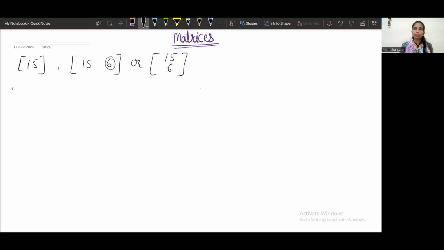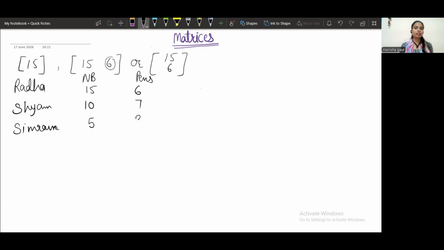If we talk about more than one or two persons, suppose we have three friends, Radha, Sham, and Simran. The three friends have notebooks and pens. Radha has 15 notebooks, 6 pens. Sham has 10 notebooks and 7 pens. Simran has 5 notebooks and 3 pens.